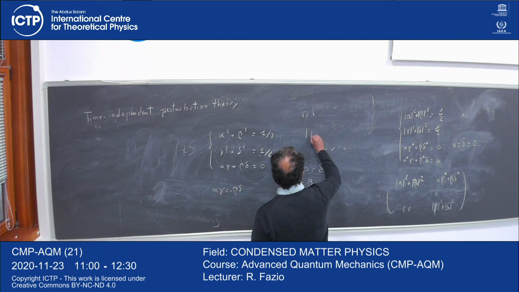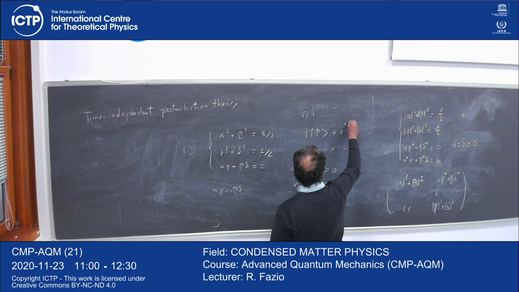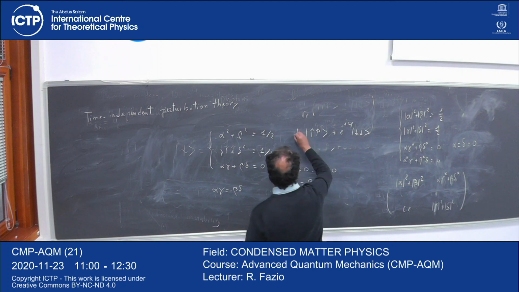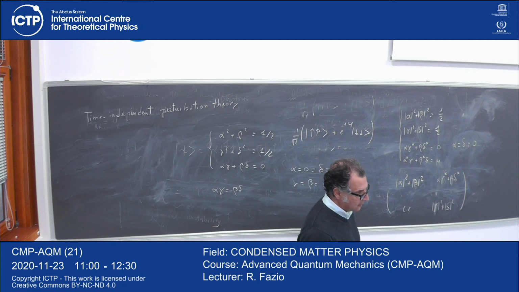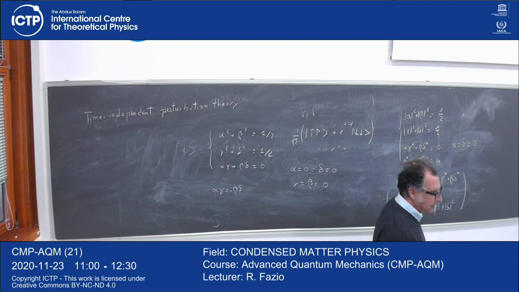So for instance, if you take up plus e to the i phi down, normalized, then this is not true anymore. Sorry, this is still true also with this. So you have infinite solutions, you may add phases, and these are possible solutions.